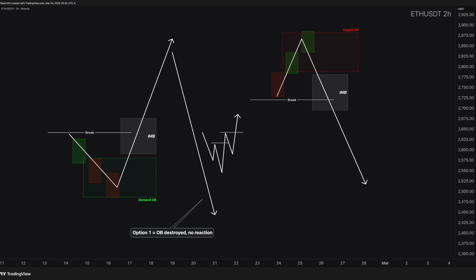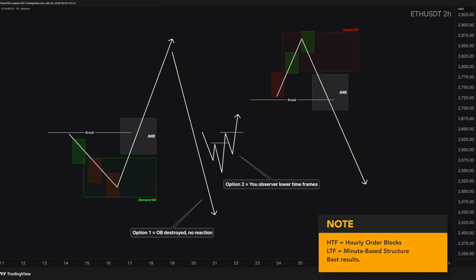First of all, you will probably notice that half of the order blocks get completely destroyed without any reaction from the price. In many situations, price simply comes into the zone and keeps crashing straight through, and the demand area never holds at all. And that is exactly why it's so important to pay close attention to the lower time frames.